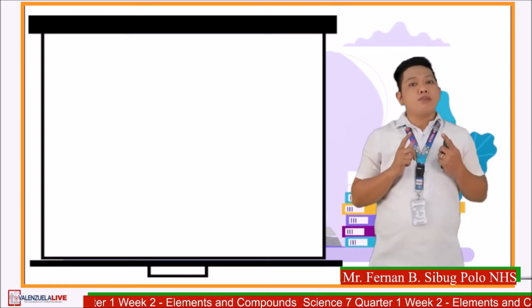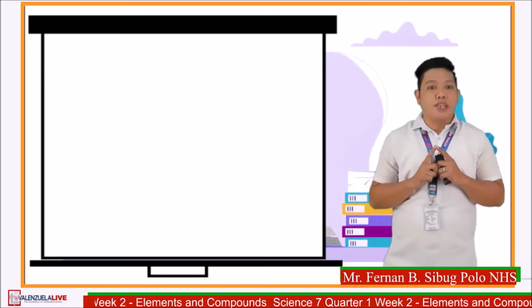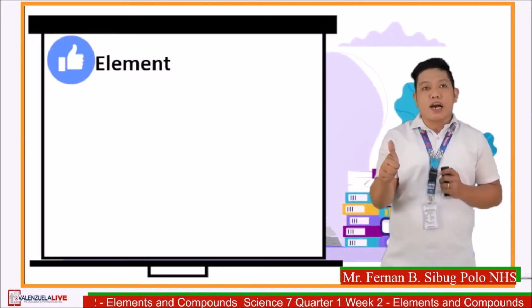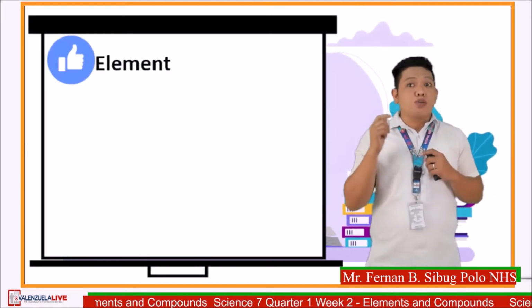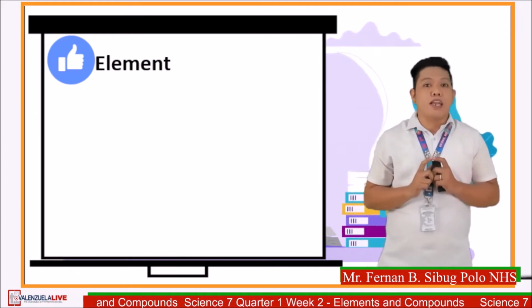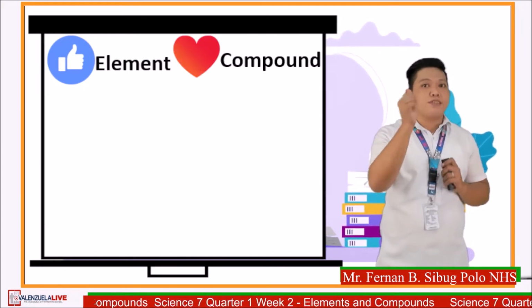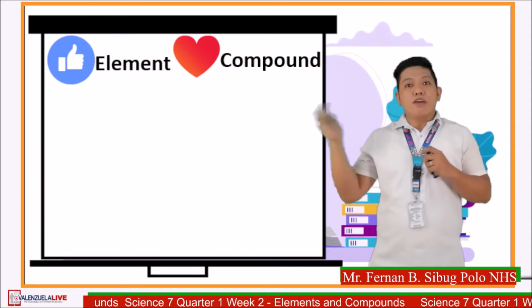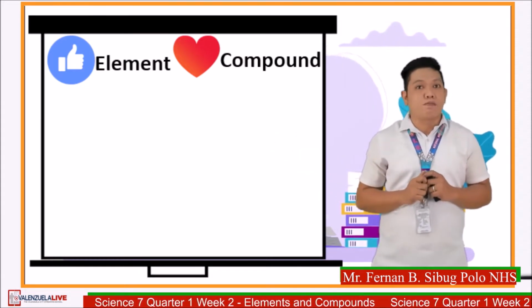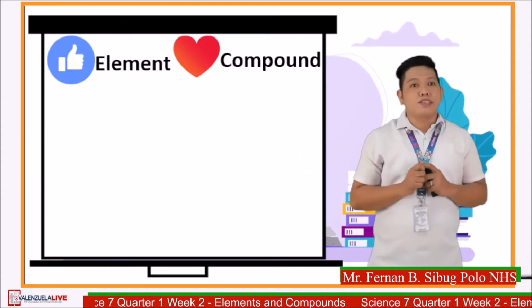Now, let us see whether you understand our lesson or not. Click the like react if what I will show here is an example of an element, and the heart react if what I will show here is an example of a compound. So, let's start.